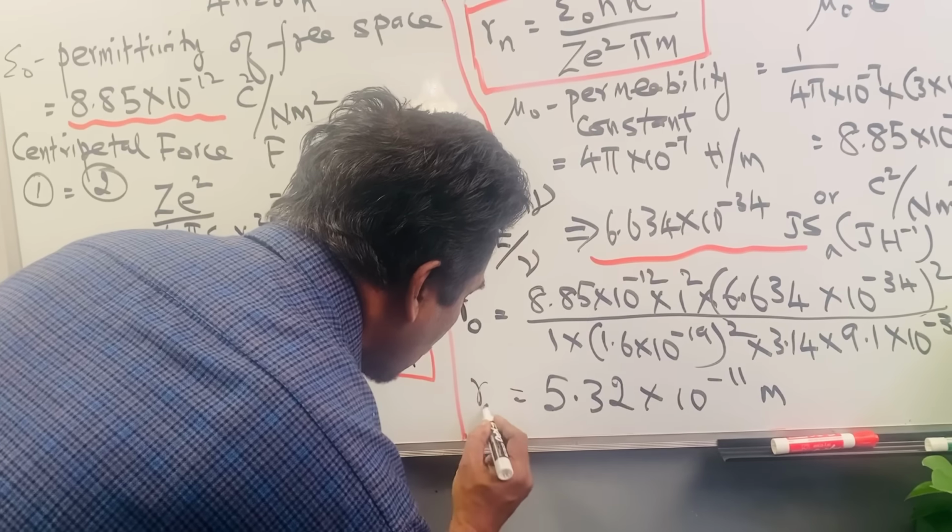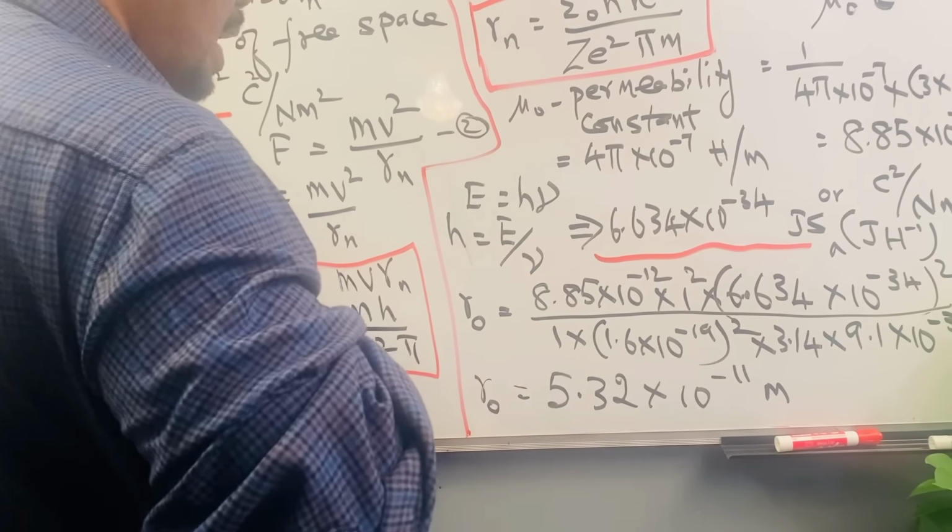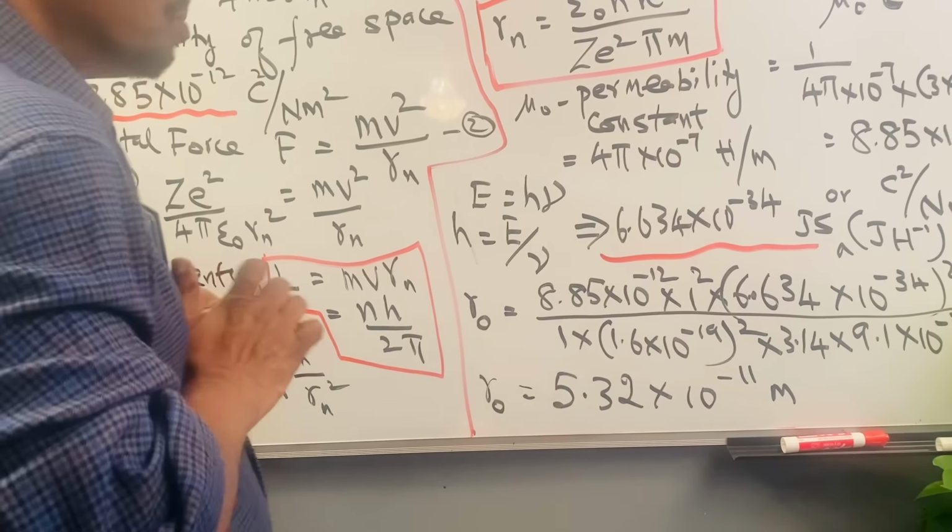So this is the ground state radius of the hydrogen atom in the Bohr's model of hydrogen atom.